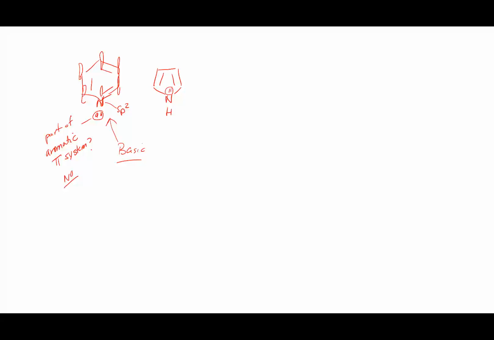It's part of the pi system because now the nitrogen still becomes sp2, but now that p orbital contains those lone pairs, so that you could have 2, 4, 6 total pi electrons. So in this case, this lone pair is part of the pi system. And so therefore, if it's part of the pi system, it's not available to bond an H+.